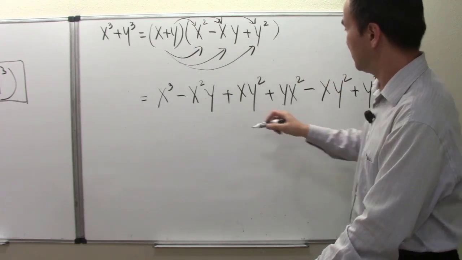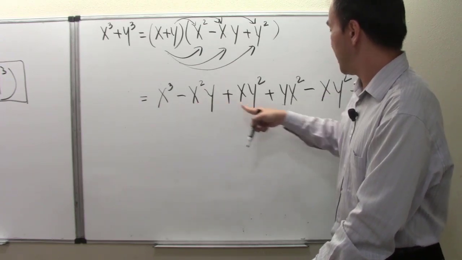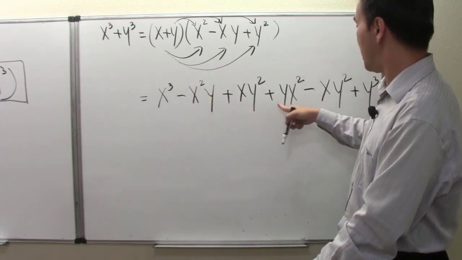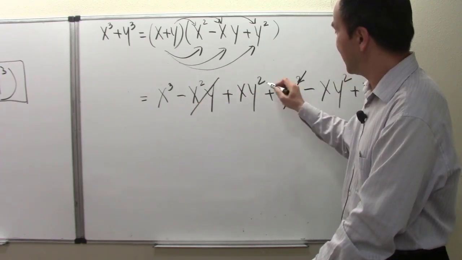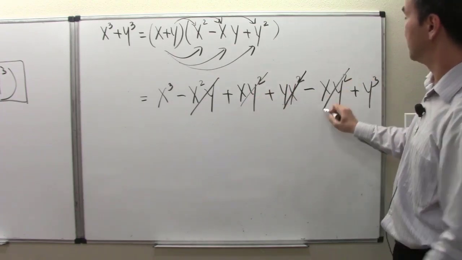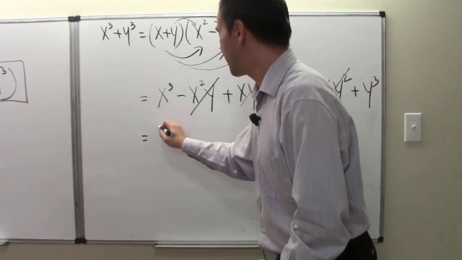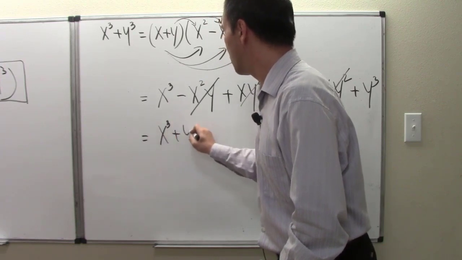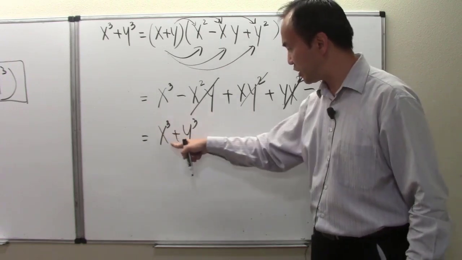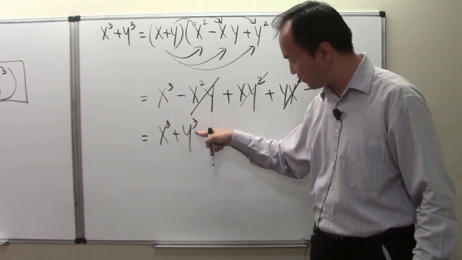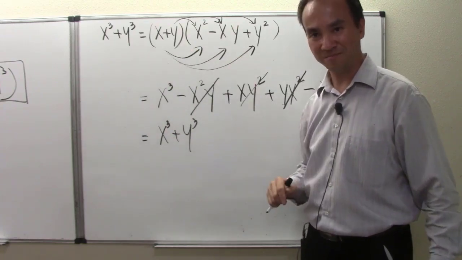Lots of opposite signs happen right here. We have minus x squared y and positive y x squared; these two are opposite terms, so they cancel out each other. Now these two are opposite terms, so they cancel out each other. That's how we reduce it down to x cubed plus y cubed, and that shows that x cubed plus y cubed can be put into factored form as written here.